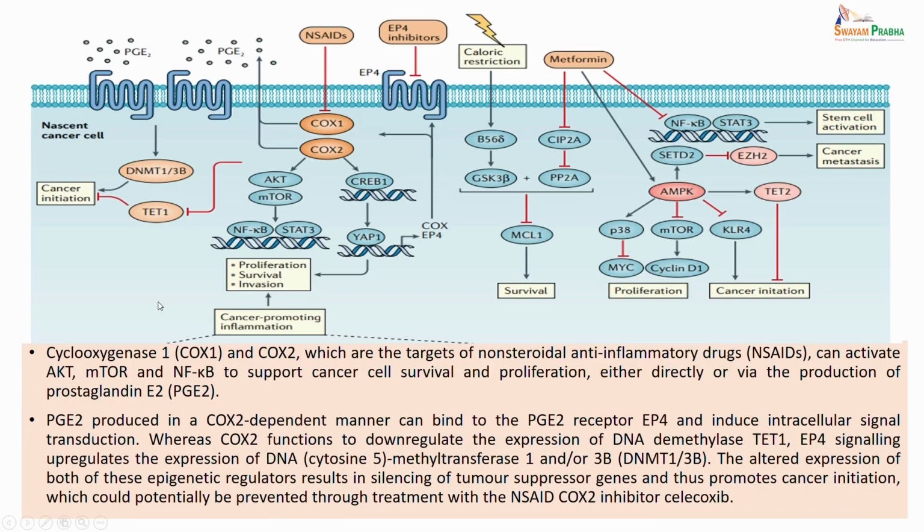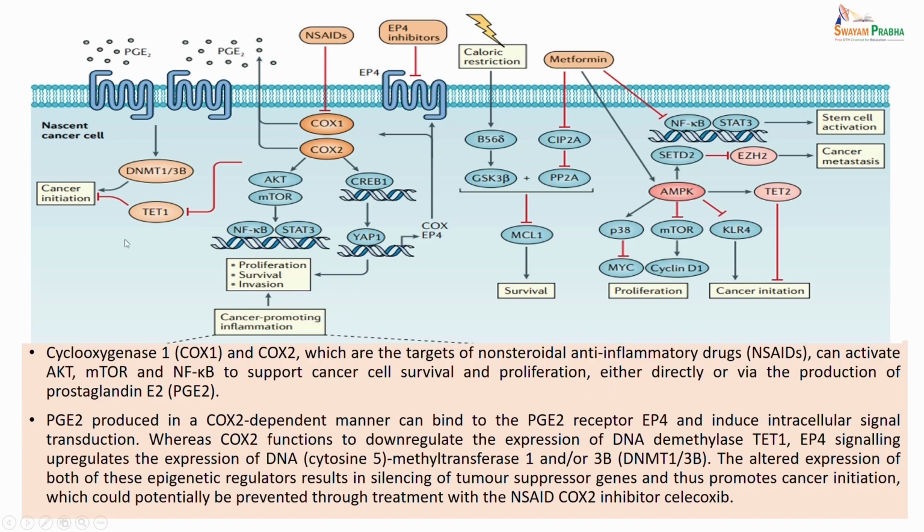Now, a little bit about the mechanism of the cyclooxygenases, and how these NSAIDs are able to act. The cyclooxygenases are basically two types, COX-1 and COX-2. These are the major targets of the non-steroidal anti-inflammatory drugs.